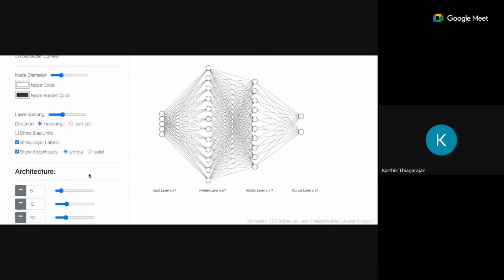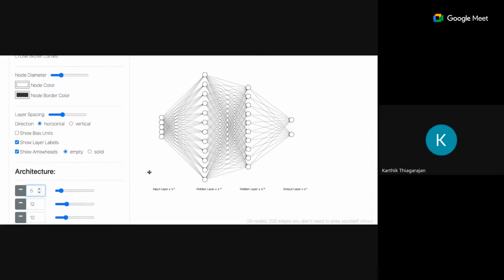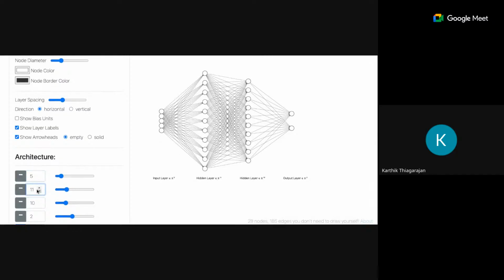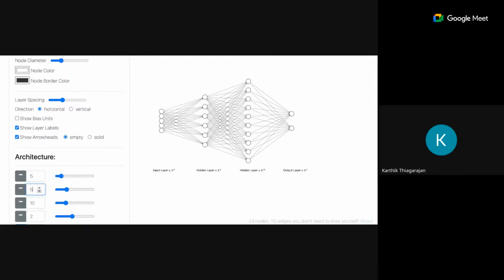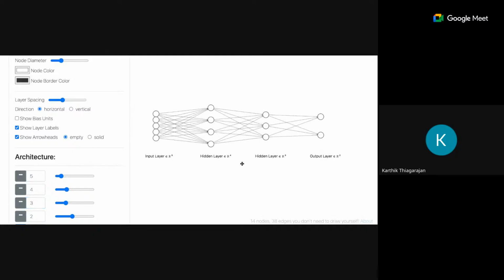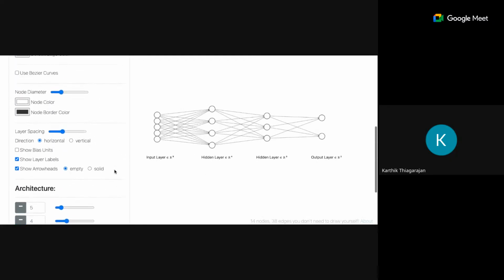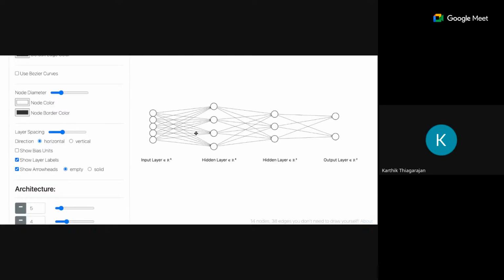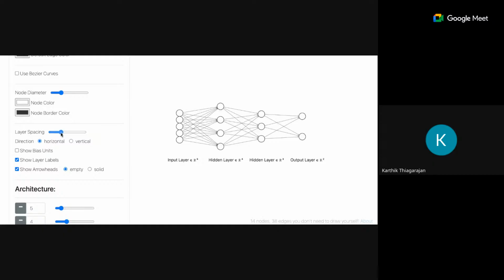Now we'll take something that will fit nicely within the scope of our screen. I will make the number of neurons here, say 4, and maybe I'll turn this into 3. And then the number of outputs will be 2. Okay. So I'll quickly move this to another page. This is the layer spacing.